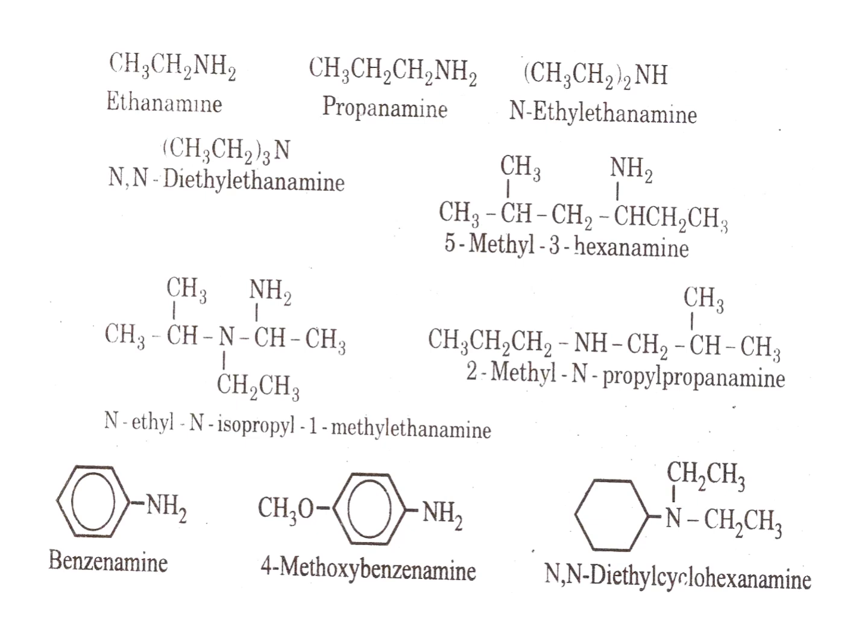Now we shall move towards example number 6. In this case, again, the numbering will be started from the right hand side, because if we start from the right hand side, the amino group will obtain position 2, and there are two nitrogen atoms in this chain.